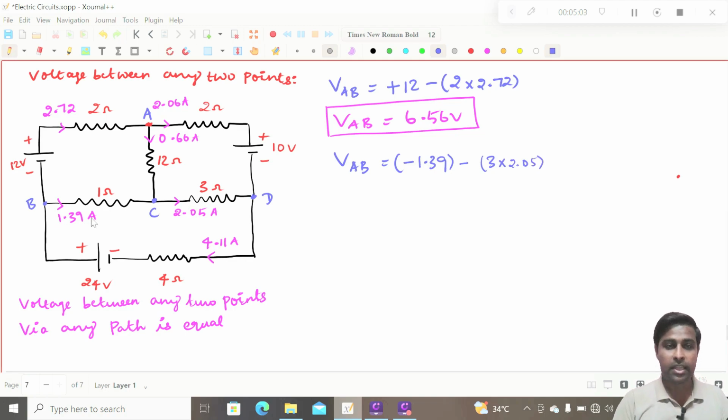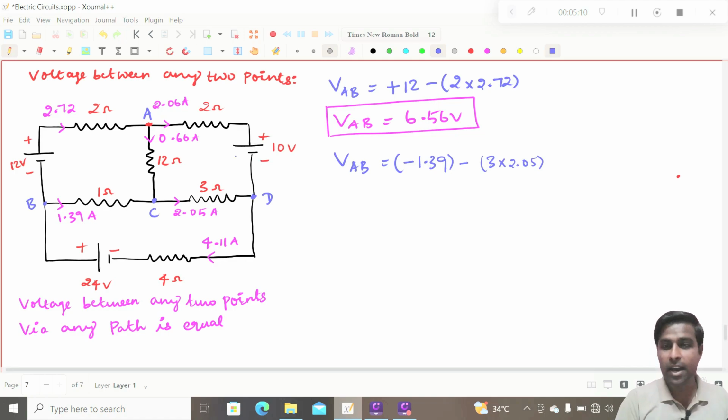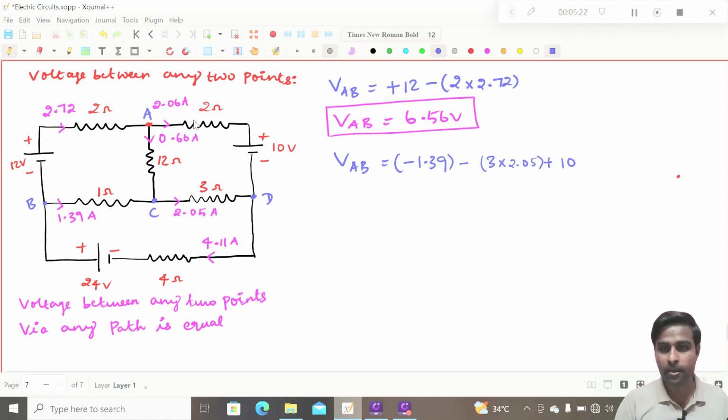Fine. Then I have to travel in this way. See, I am going from minus to plus in a voltage source, so obviously I have to put plus. That voltage source value is 10. Then I have to travel to this point like this, right? If I come like this, the current is coming opposite to me. If it is opposite to me, I have to put plus 2 into 2.06.